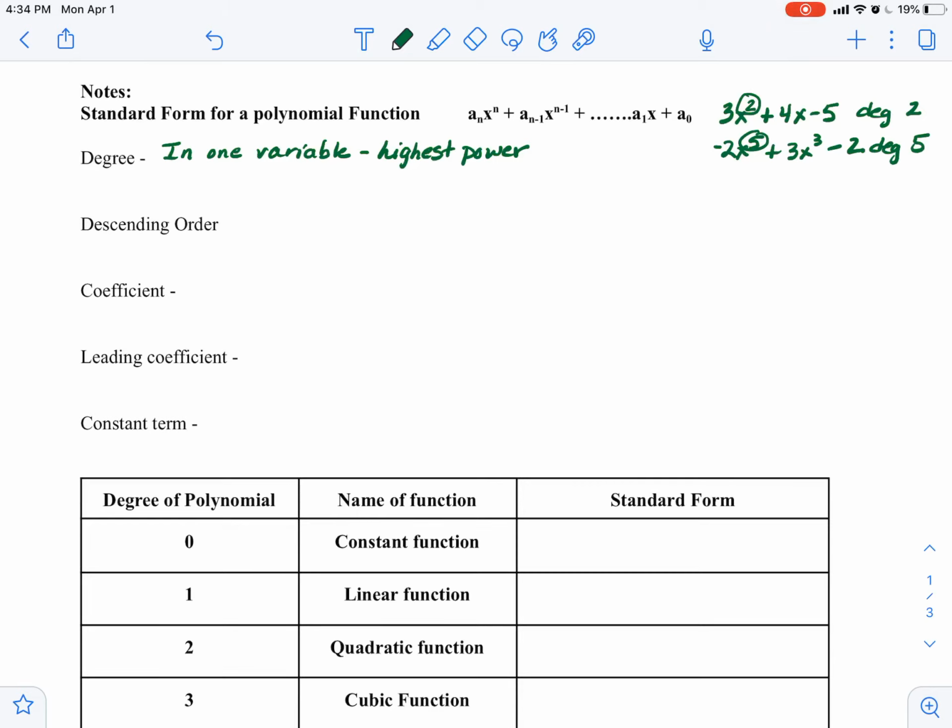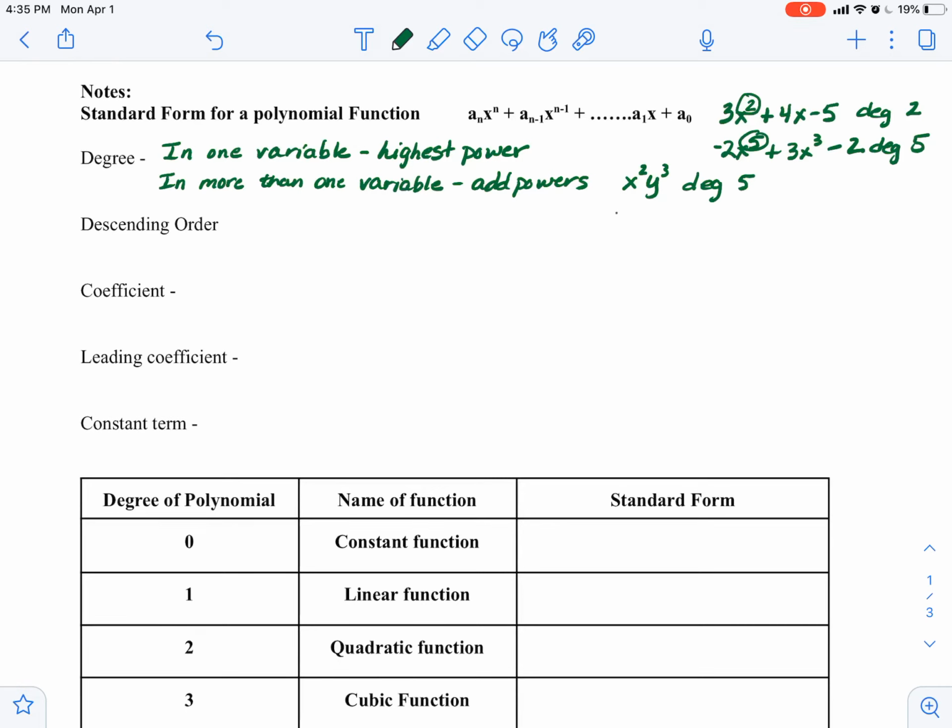Now, if it is in more than 1 variable, then what we need to do is add them together. So let me put add powers. That might be if you had like an x squared y cubed, then that would be degree 5, okay?